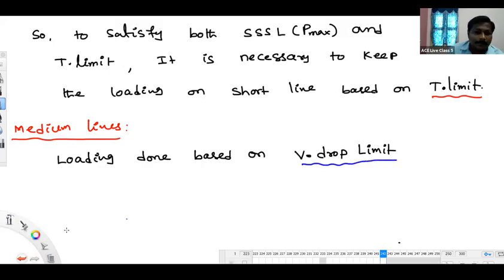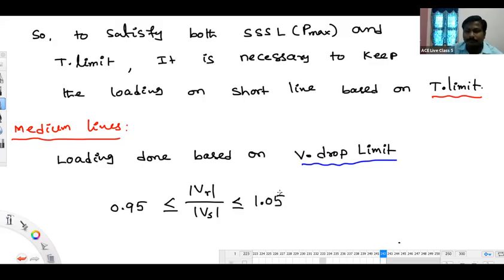Voltage drop limit means the ratio between the receiving end and sending end voltage magnitudes, which should be in the range of 0.95 to 1.05. You should set the loading on the medium transmission line such that the ratio between receiving end and sending end voltages lies between 0.95 and 1.05.